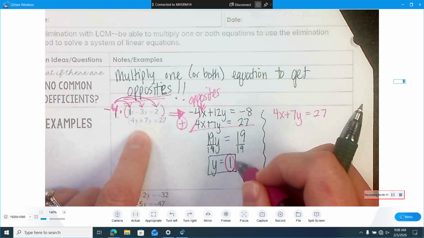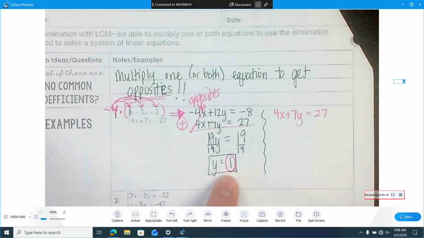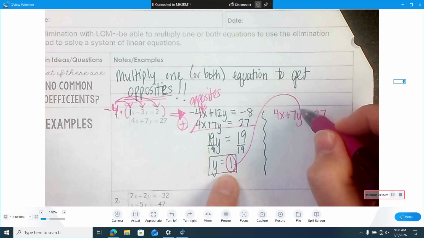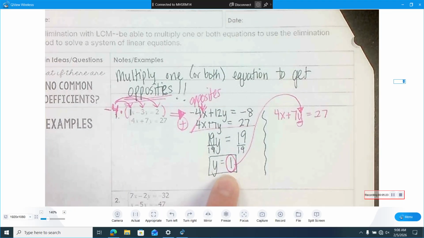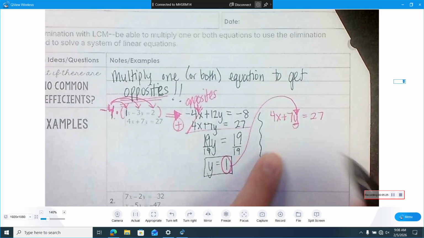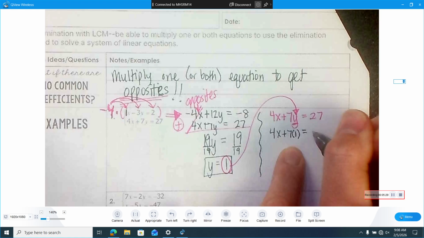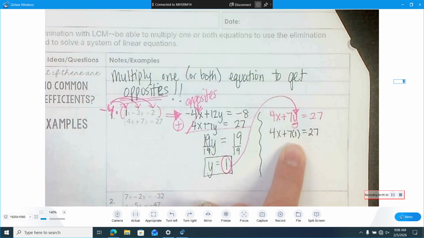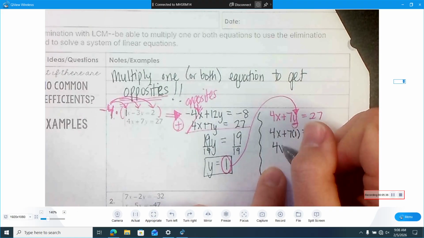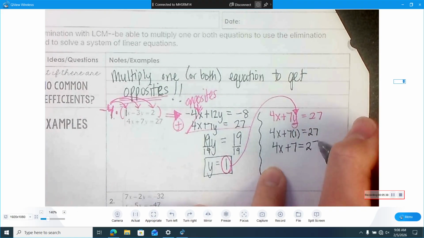And I'm going to take my 1, and where do I plug it in? The y by the 7. Very good. So in place of the y, we have 4x plus 7 times 1 equals 27. What is 7 times 1? Just 7. So we have 4x plus 7 equals 27.